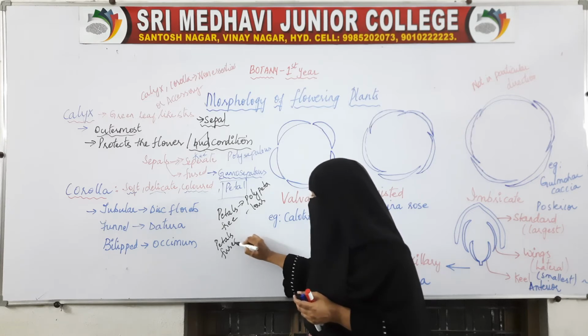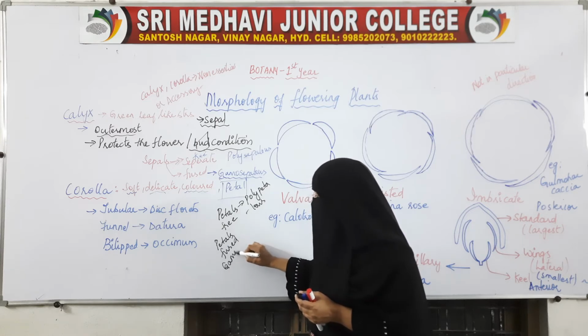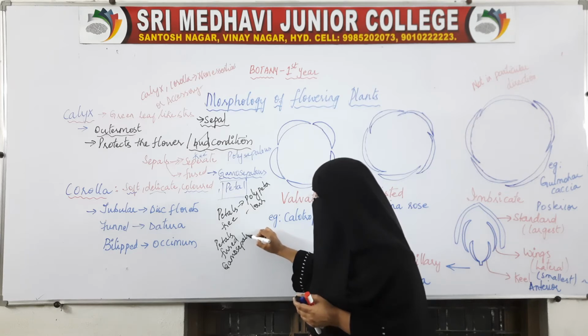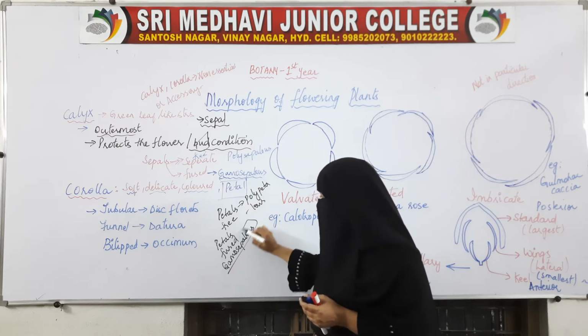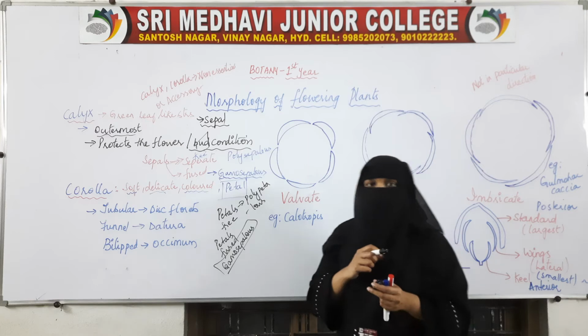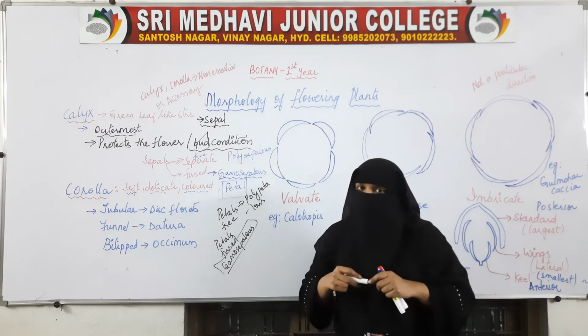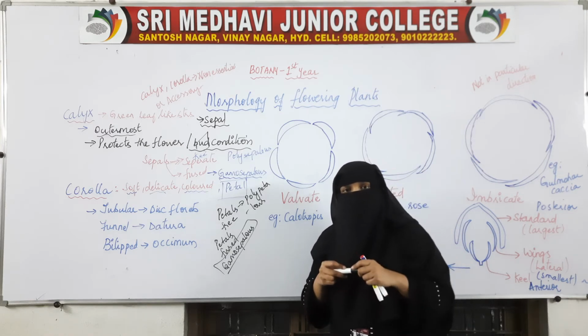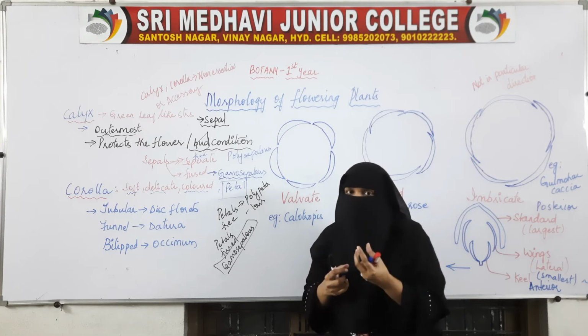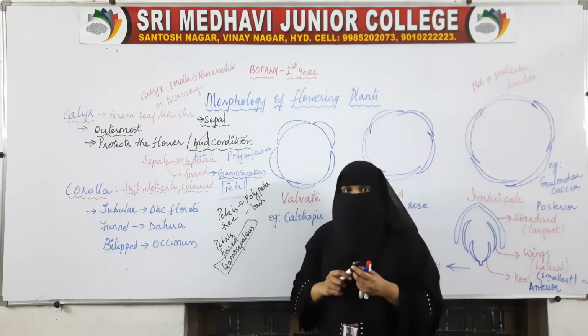If the petals are fused, then it is called gamopetalous. Same with the calyx: if the calyx is free, it is polysepalous; if the calyx is fused, that is all the sepals are fused together, then it is gamosepalous.